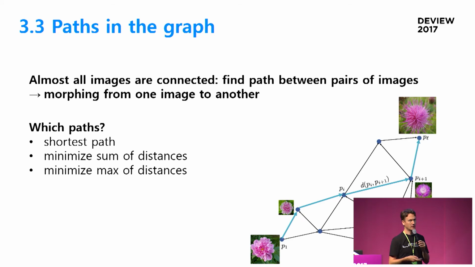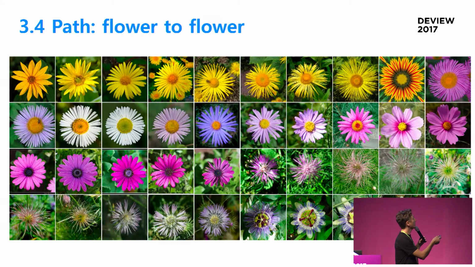So what I will show is a set of examples. Here the goal is to go from this image to this image. And this represents the set of nodes which are traversed to go from one to the other. And you can see that there is a nice continuous transformation of both shape and color.